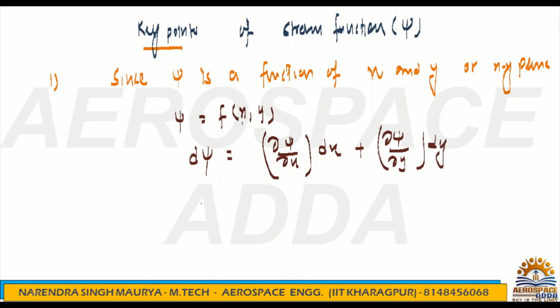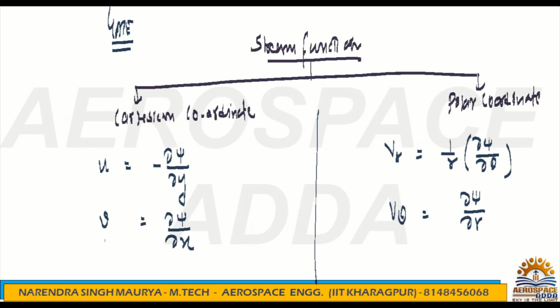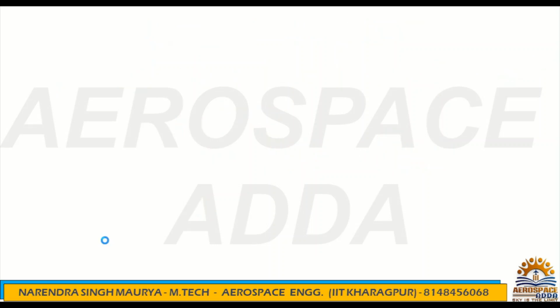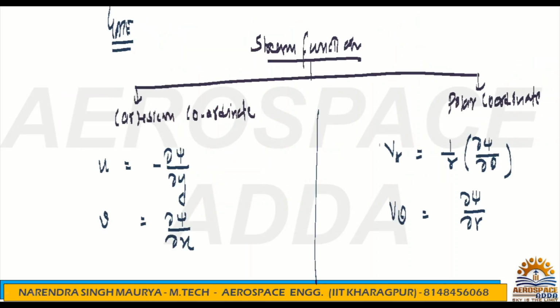Now you need to check d psi. What is dou psi by dou x? Just now here you have written dou psi by dou x is nothing but v, into dx. What is dou psi by dou y? Just now you have written dou psi by dou y is nothing but minus u.